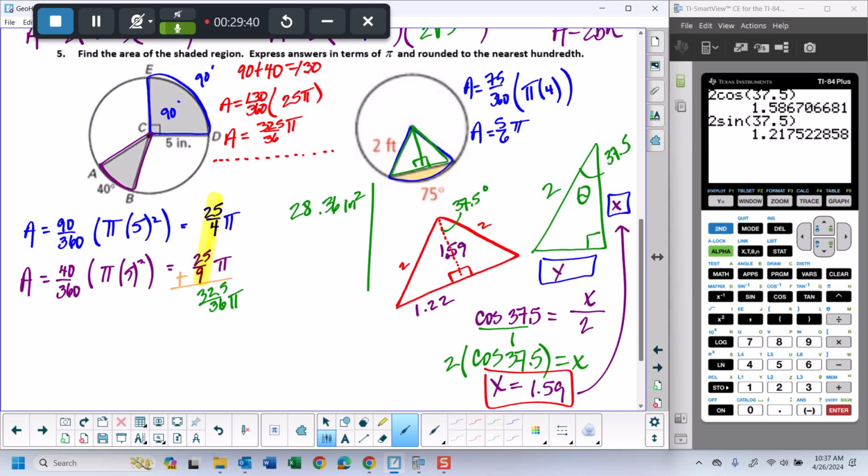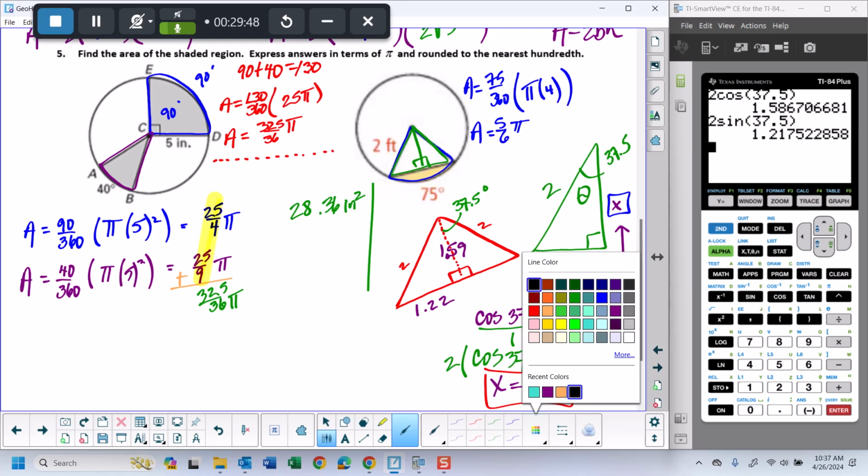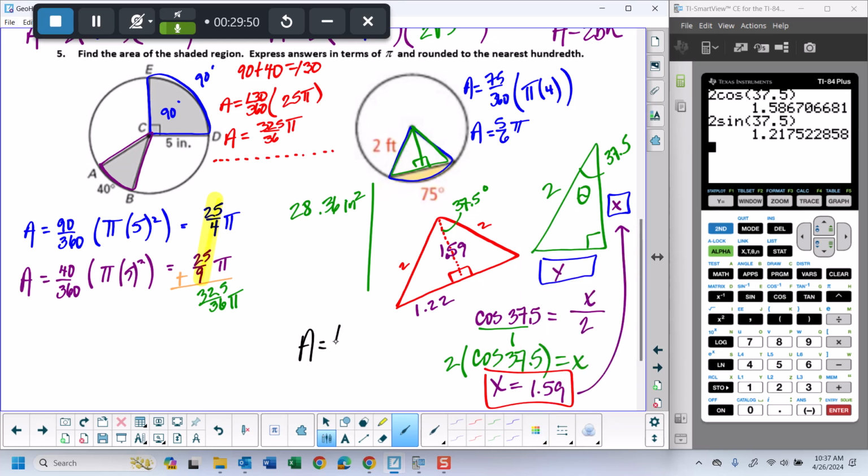I'm going back to finding the area of this triangle. I know the area of that triangle is 1/2 base times height. My area is equal to 1/2 of my base times my height. My height I have 1.59.